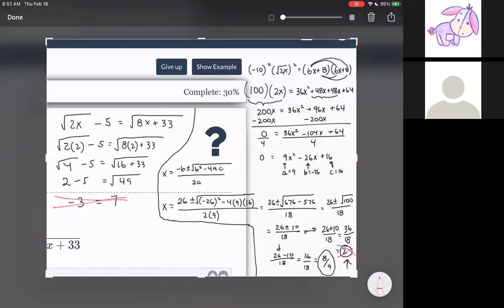Okay. Now we're going to try the same thing on the 8 over 9. So let's attempt this problem, or attempt the solution plugging it in with 8 over 9. Just going to give myself some space here. Square root of 2 times 8 over 9 minus 5 is equal to square root of 8 times 8 over 9 plus 33.